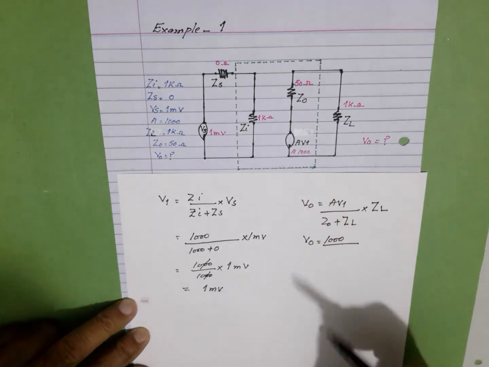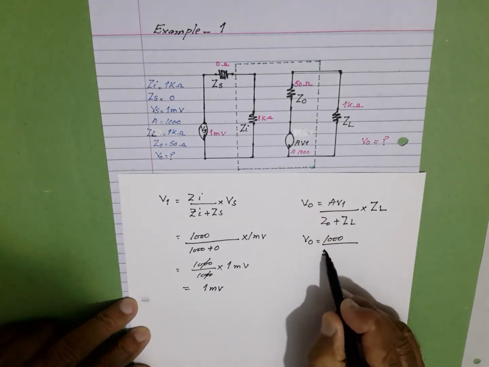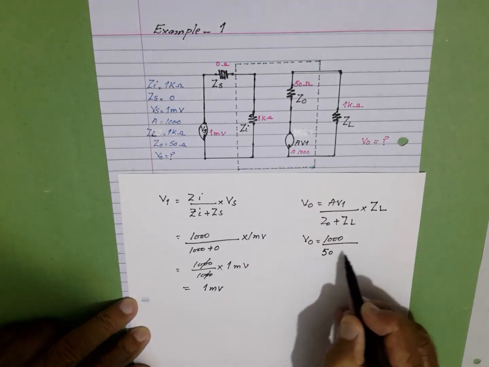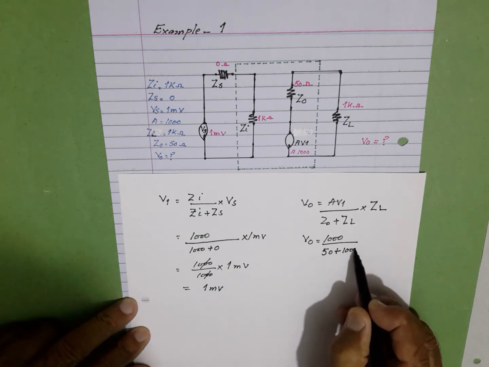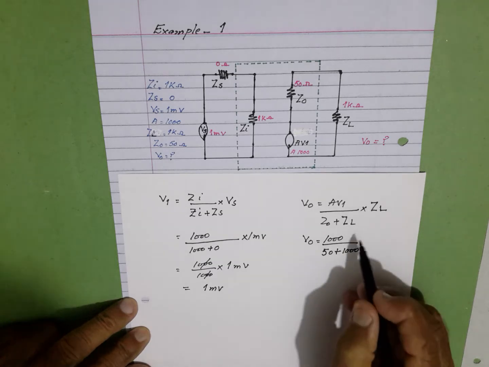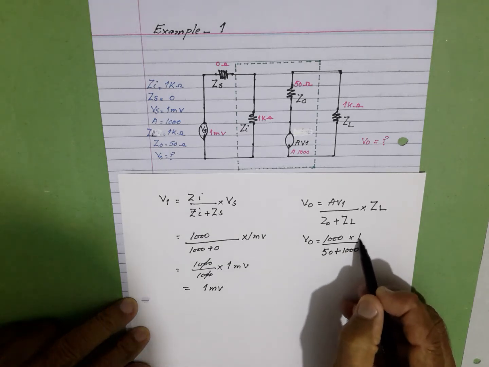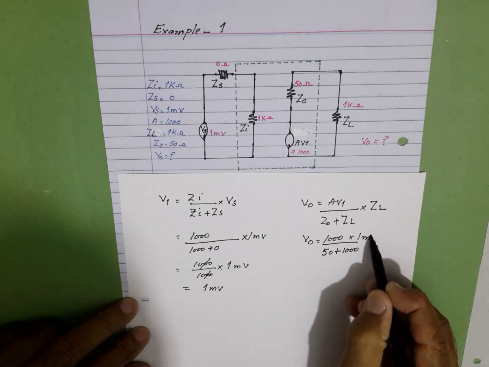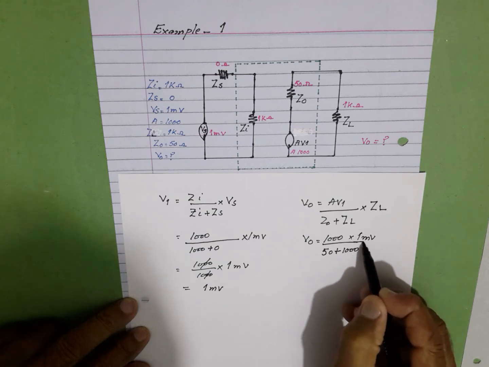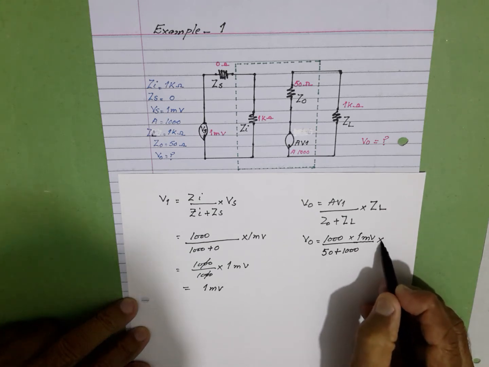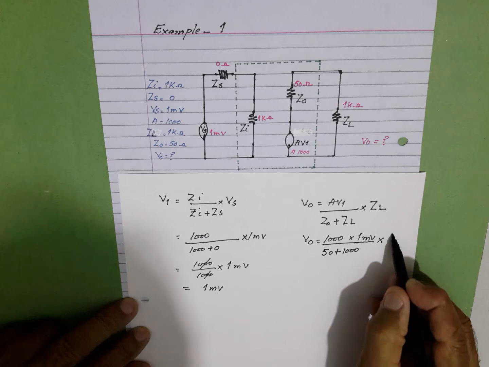Now we can write Zo is 50 ohms plus Zl is 1000 ohms. V1 is 1 millivolt multiplied by 1000.